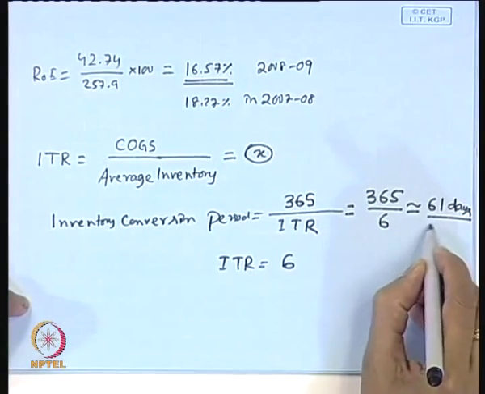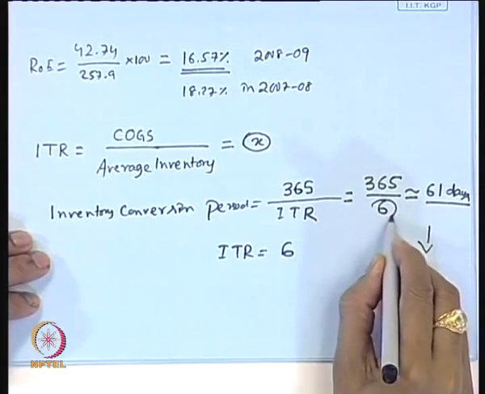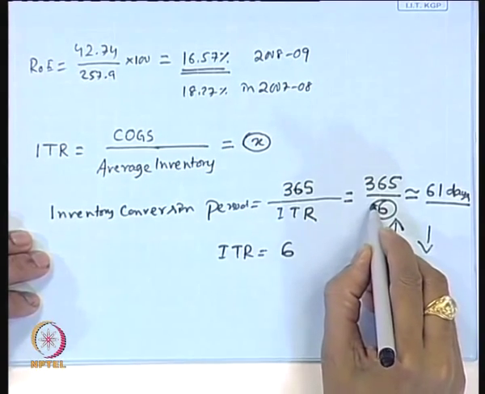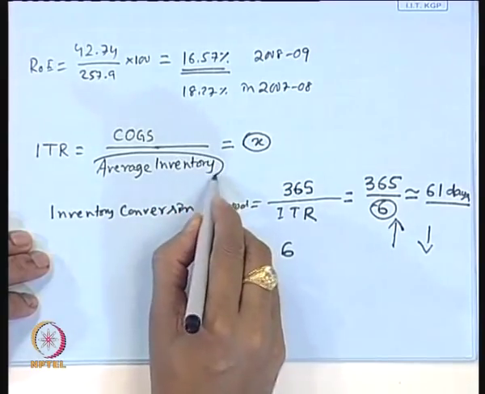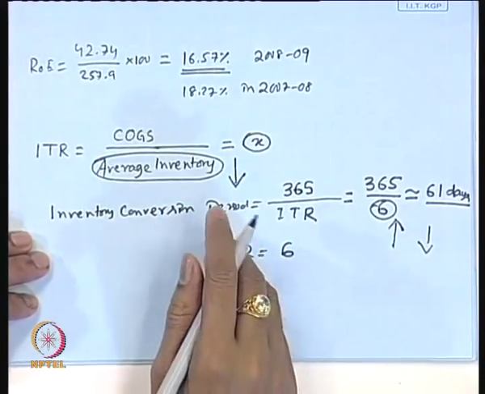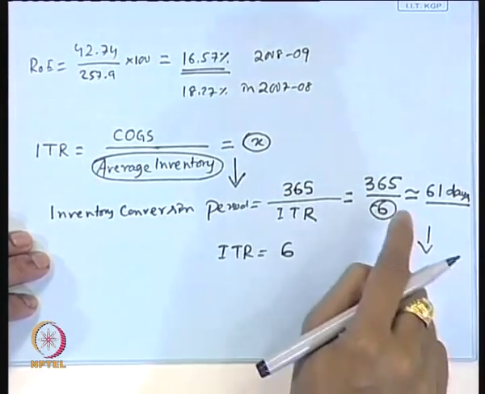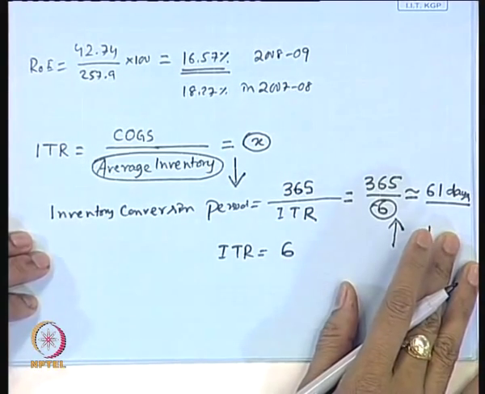This 61 days can come down over a period of time if the inventory turnover ratio goes up. For the inventory turnover ratio to go up, the average inventory has to come down. At the moment ITR goes up, the inventory conversion period falls, which should be a good sign for any company.